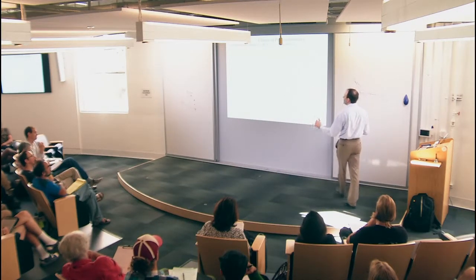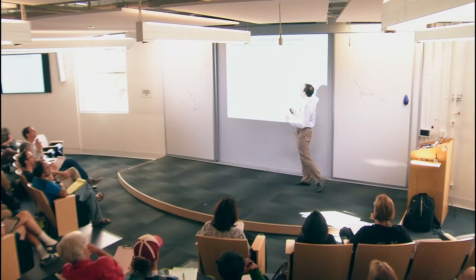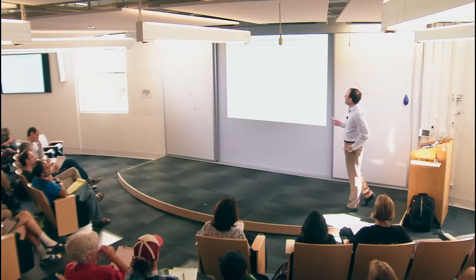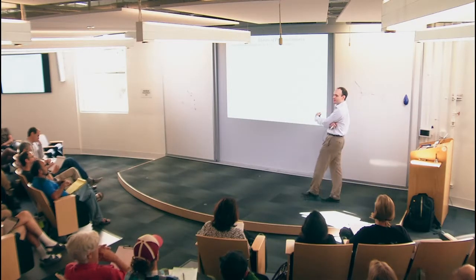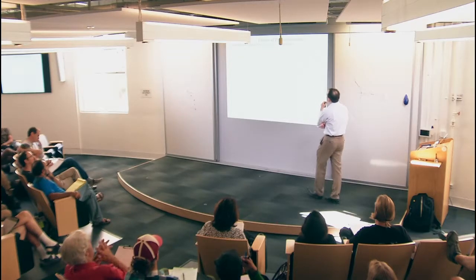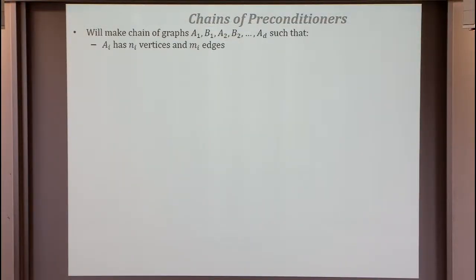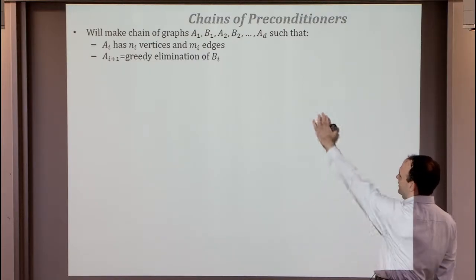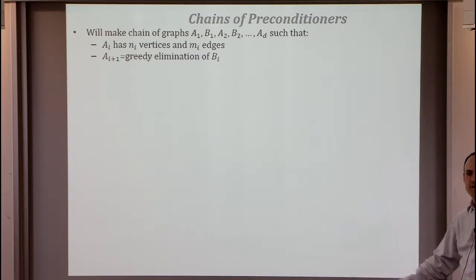And now let me give you the high level of preconditioning structure. You're going to make a chain of graphs. There's going to be two kinds, sort of A's and B's. Think one of them is sparsifying, and the other is this collapsing operation. So I'll have a chain of graphs, and they'll have the following properties. Notation-wise, Ni and Mi are the number of vertices and edges in Ai. Ai plus 1 comes from Bi by doing this greedy elimination.